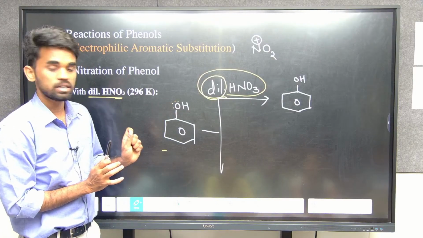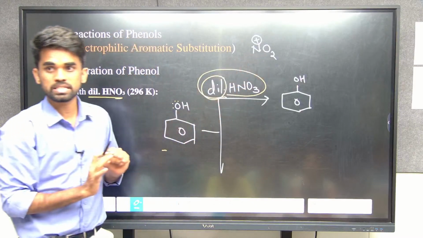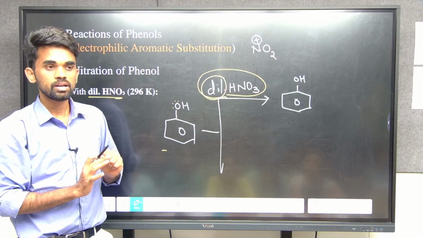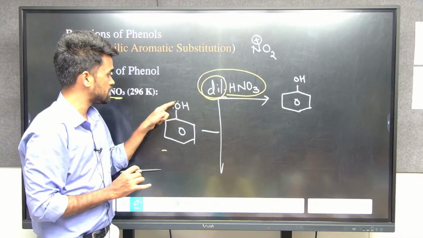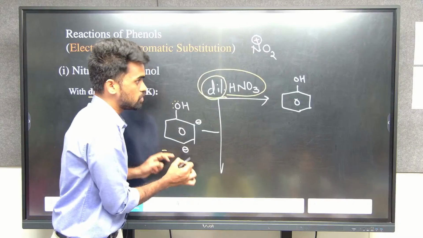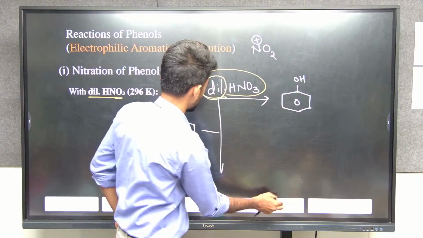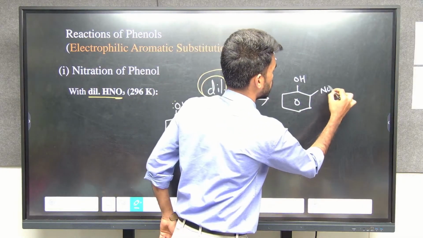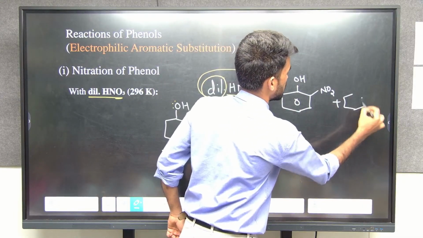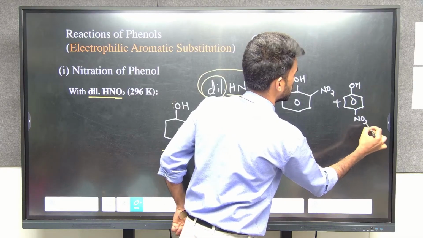Ortho and para positions, because it increases electron density, negative charge at ortho and para. So the electrophile enters the ortho and para positions. So what is your answer? Orthonitrophenol and paranitrophenol.